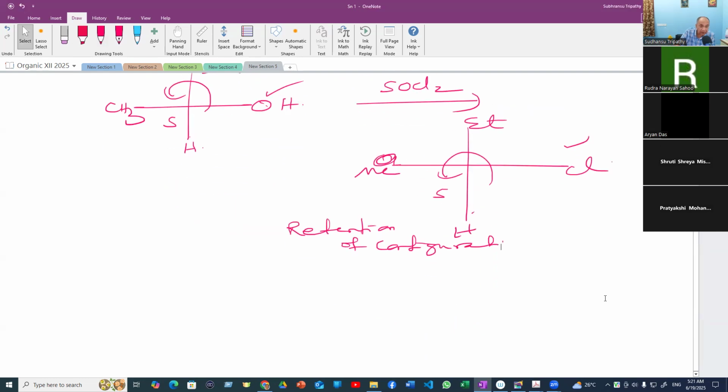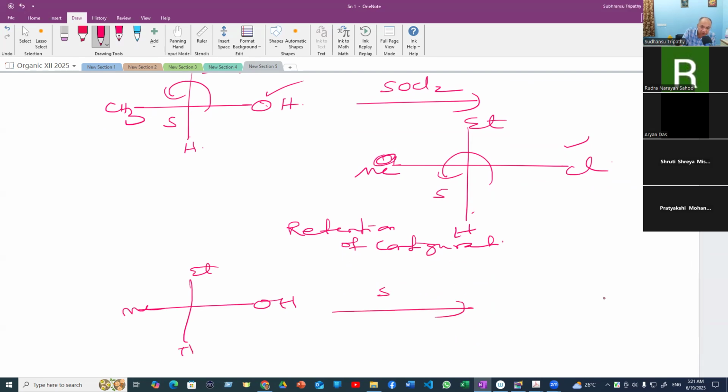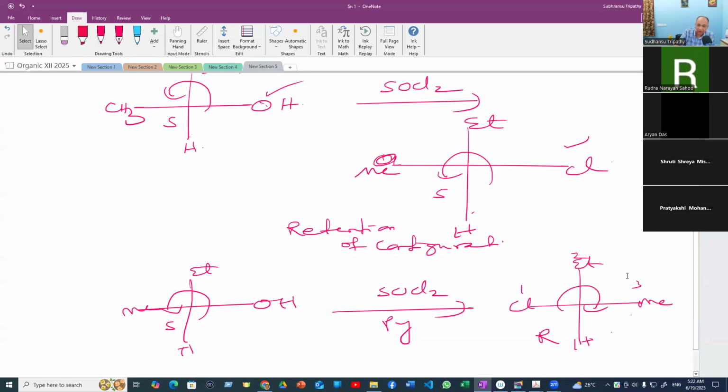But remember, if you do the same thing, you give SOCl2 with pyridine, then there is inversion of configuration. The Cl will come here, Me will go here, Et, H. So this S will be converted to R. That is inversion of configuration.